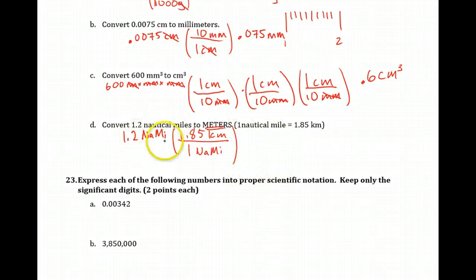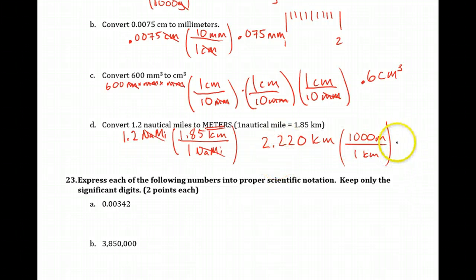And we'll go ahead and cancel this, multiply together. You should get that it's 2.220 kilometers. And we know that there are 1,000 meters in 1 kilometer. So we'll cancel this out, and we get 2,220 meters.